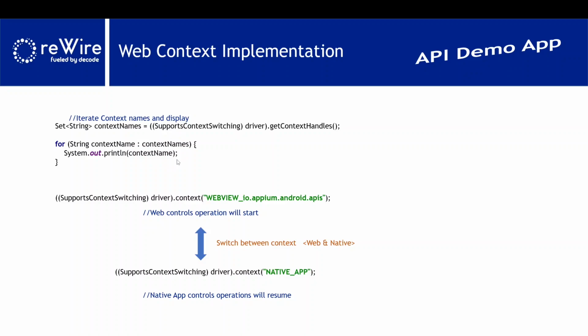It will display whatever context names you have. And I have given the code over here. This is the code that we need to put in the reusable method, so that whenever you want, you can switch. Okay, you can design a nice case statement, and you can send a parameter, the context name, so that whenever you want, you can switch.